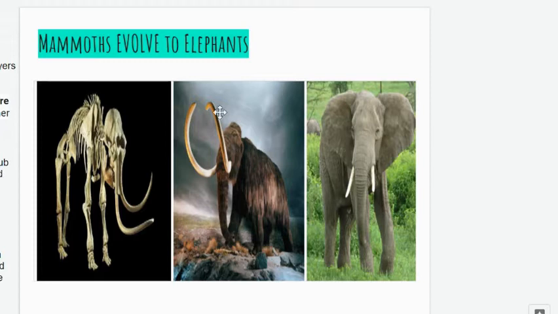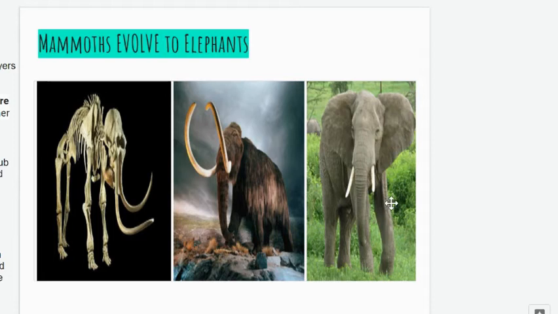They also had these super long tusks to rub the ground to look for food and scrape the bark off of trees. Unlike elephants today, there were more predators to protect themselves from. So they had to hide from more things that were trying to eat them. So their tusks are extra long to protect from those predators.